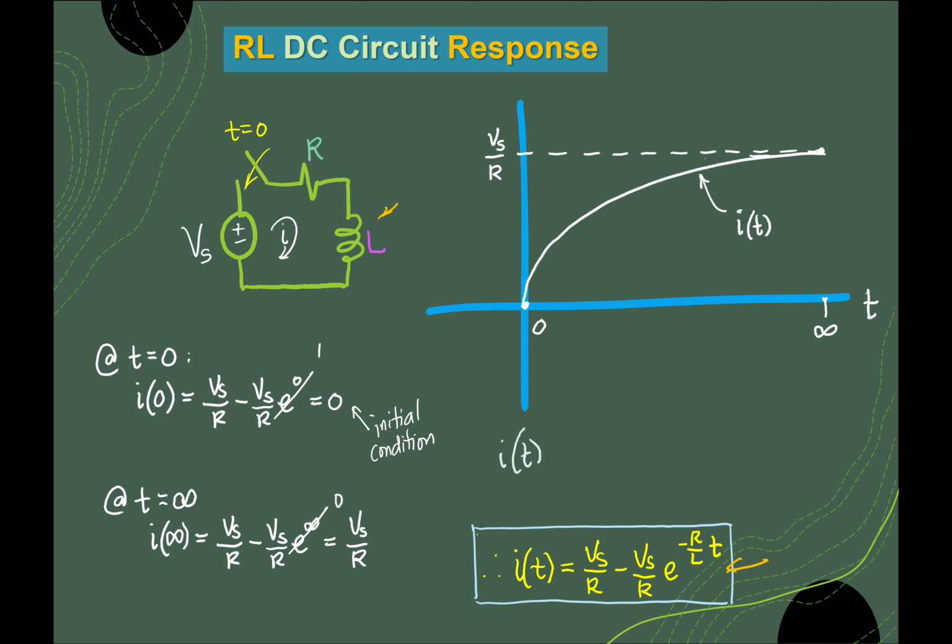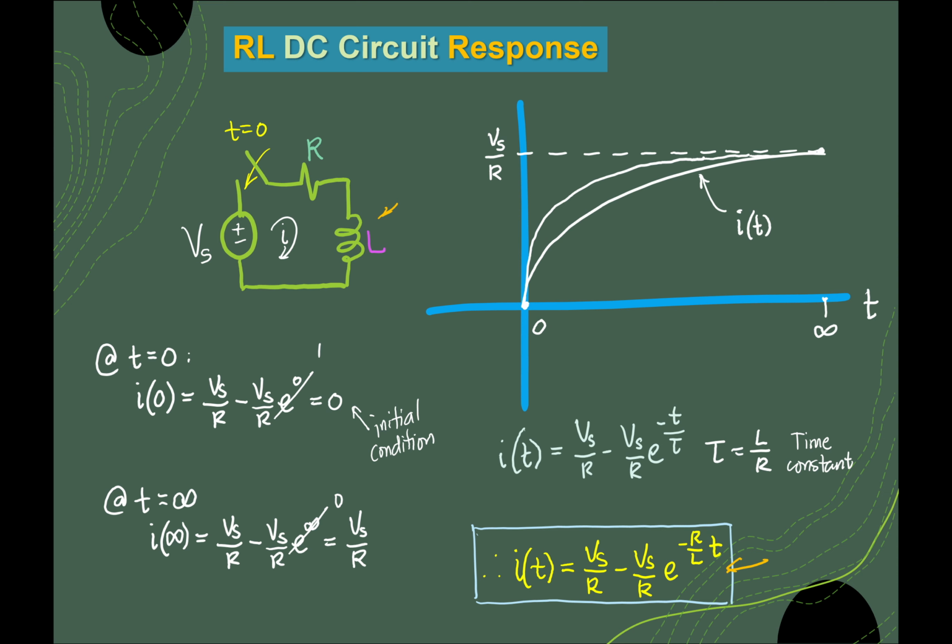And if you look at the equation, you can actually change the curve, how it rises, whether it goes higher or slower. We have this time constant here, tau equal to L over R, the ratio between the inductance and the resistance, which defines the curve.